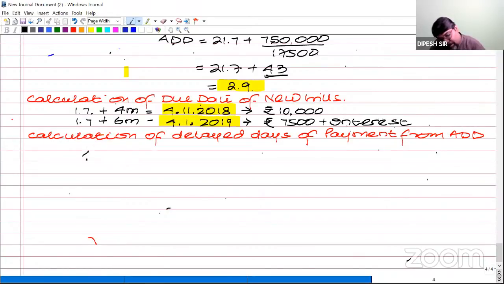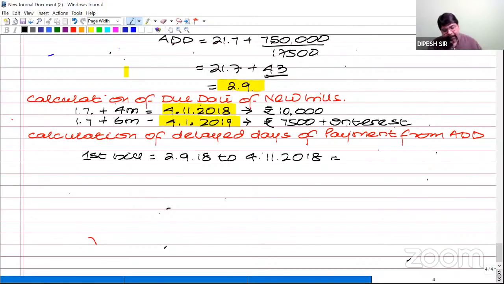First bill, from 2nd September 2018 to 4th November 2018.